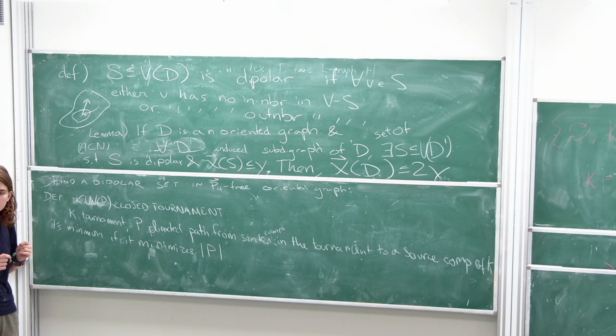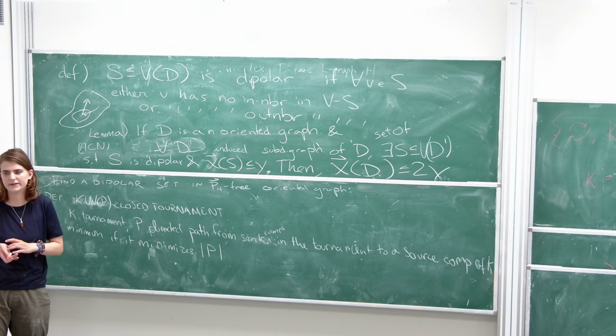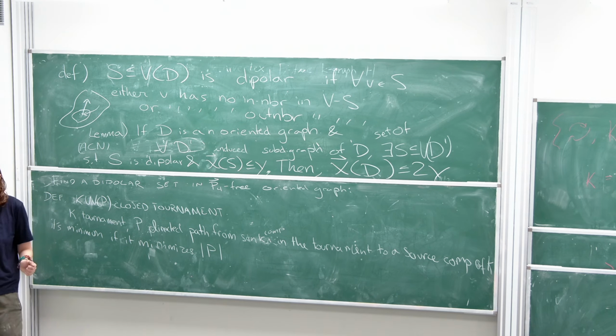It is unique also because it is a tournament. For the purposes of our proof, all we need is that it's a directed path and that it should be a shortest directed path between its endpoints.